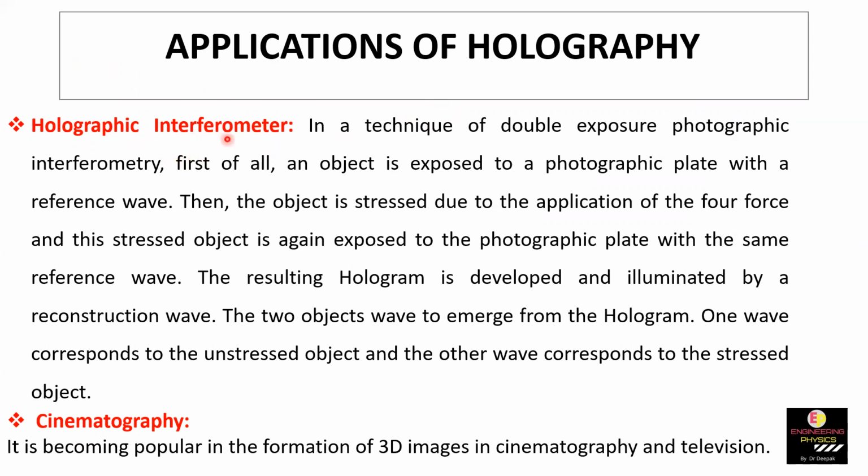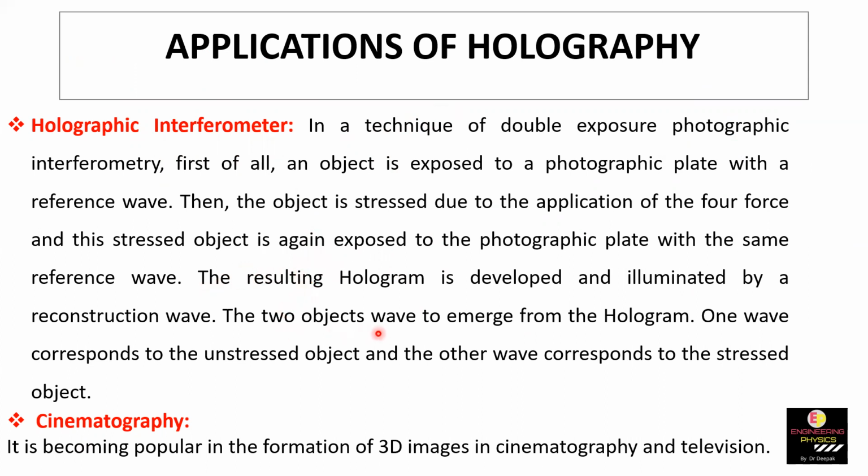One is the holographic interferometer. If there is a solid object, and there is deformation while applying pressure or stress, the deformation is very, very small. So how can we get the exact data? First, we prepare the hologram without the deformation.